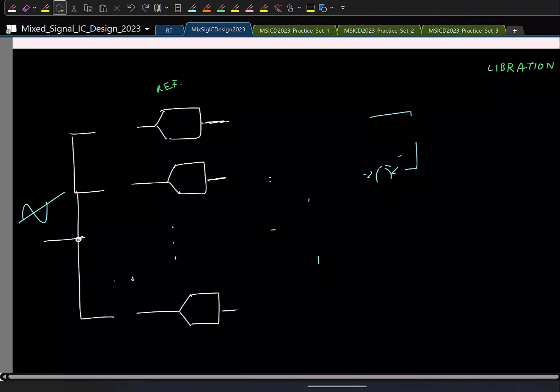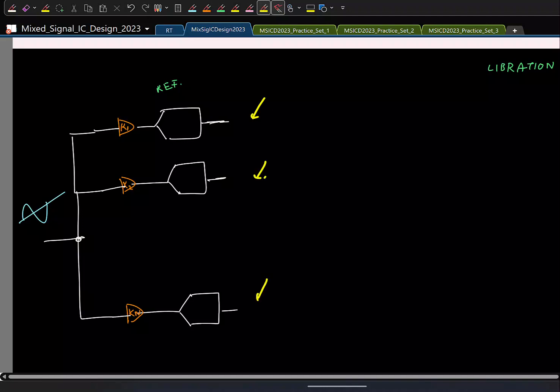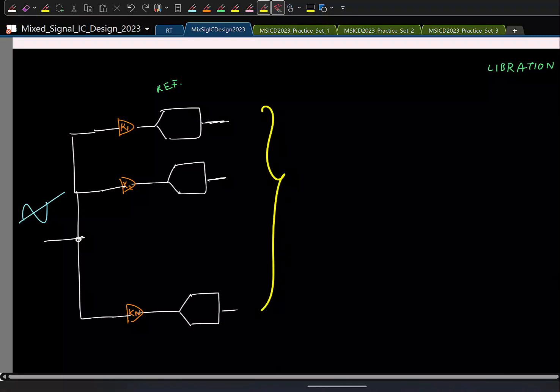So here I'm having different gains, K1, K2 and so on. What can be done to correct for this? I'll have to somehow make sure gains in all the branches are equal. For the offset case, what did we do? We added or subtracted the error term. The same thing can be done now.